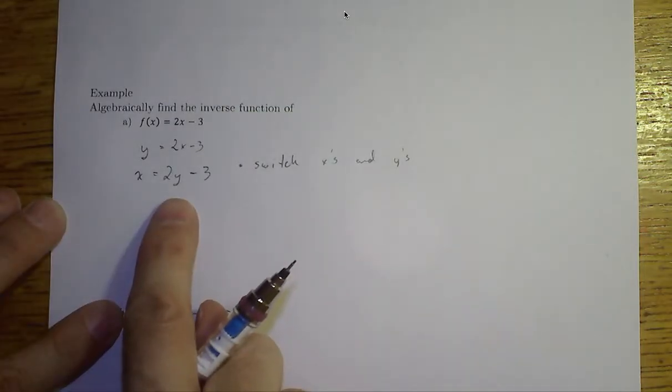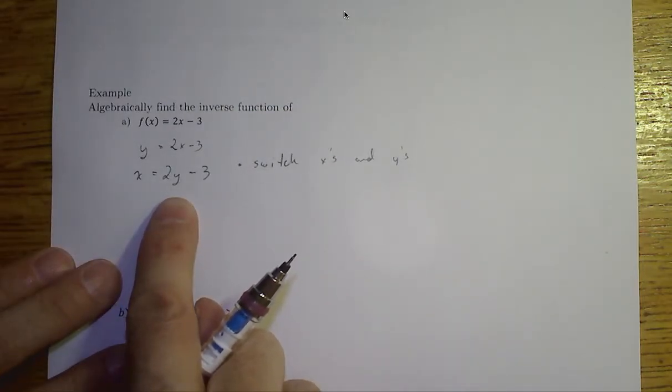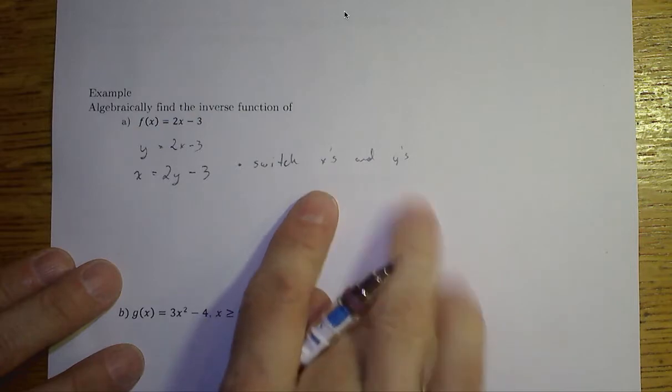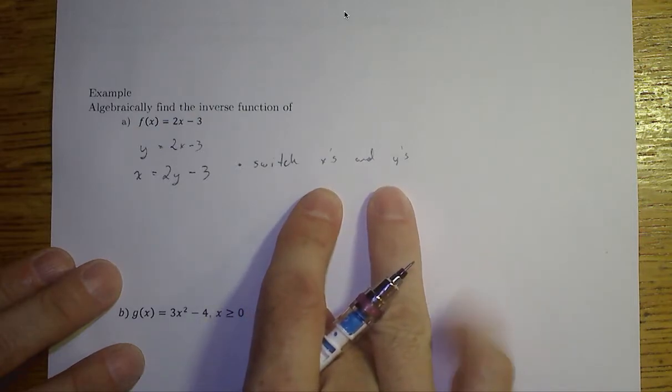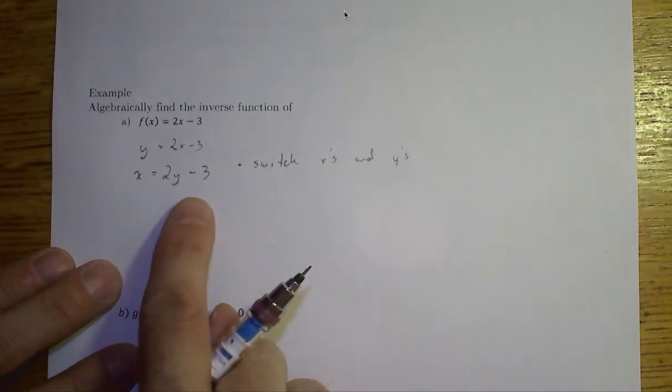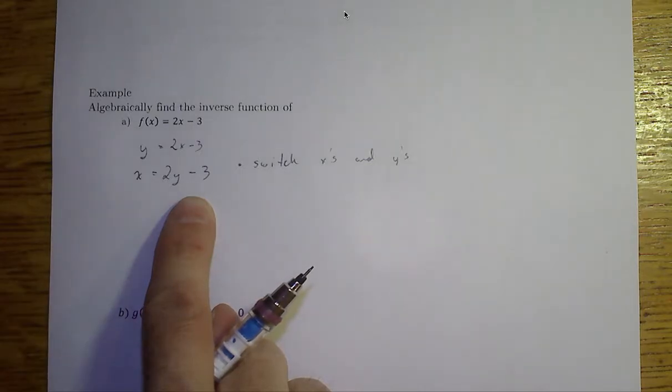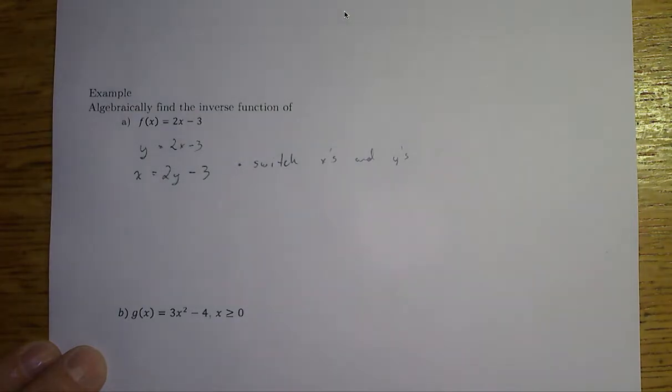There is my inverse. What have I done? Just switched the x's and y's. That's it. However, we always like to isolate y to one side. So now here's just algebra. Isolate y to one side. So allow us to do that.